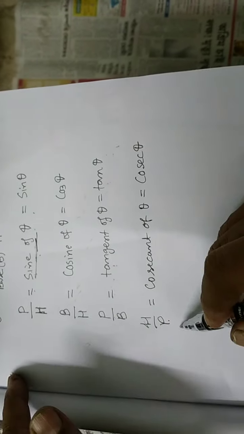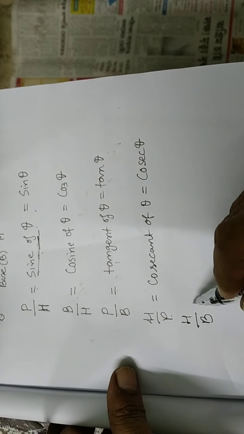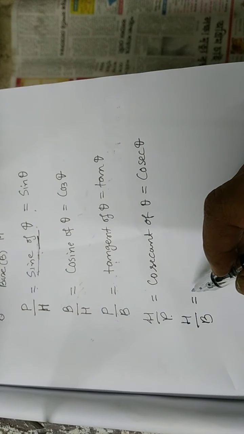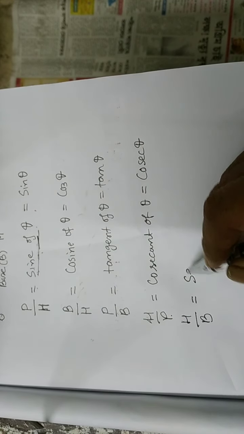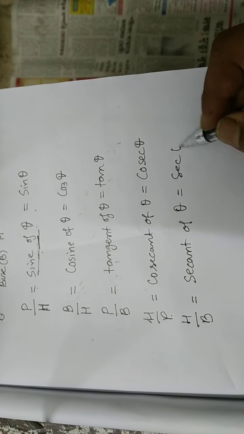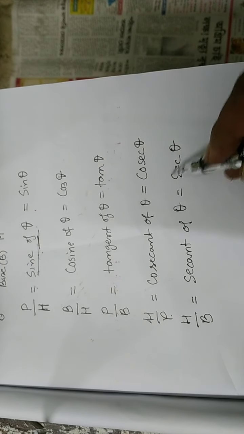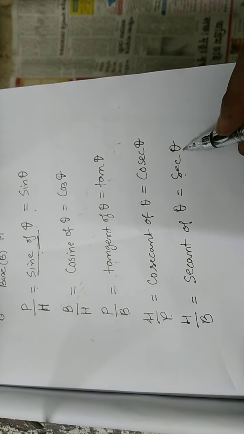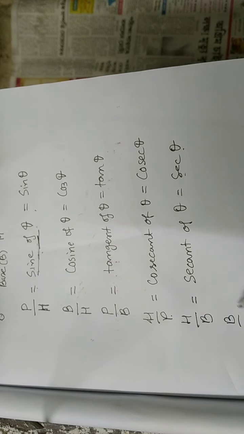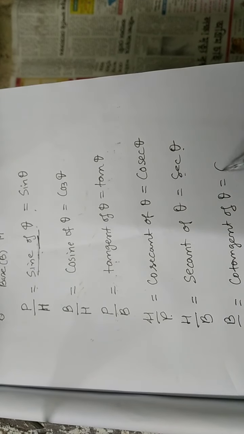Again, if the H by B ratio becomes secant of theta, that is sec theta. In the most popular way we can write sec theta, but actually it is secant of theta, and obviously B by P is known as cotangent of theta or cot theta.